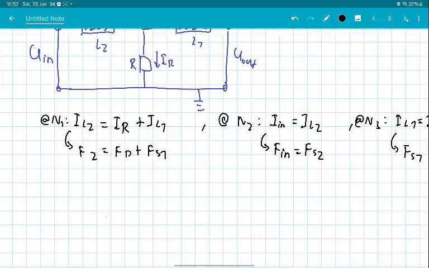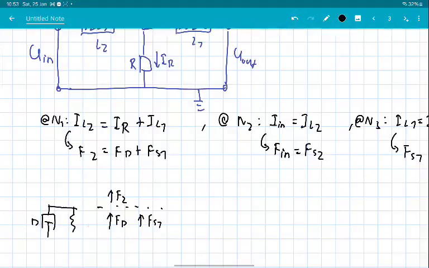So we know that our Fd is in this direction plus our Fs1, and then our F2 is in the opposite direction. So if we had drawn this, we know that this is our damper, and then this is a spring.